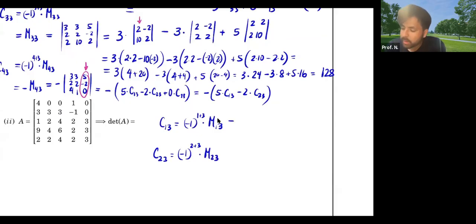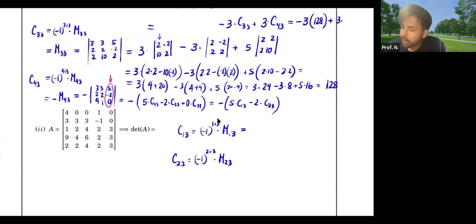And then what's M13? If I do M13, I eliminate this, and I get 2, 2, 4, 1. And this is negative 1 to the 4th power, so it's positive. So this will be 2, 2, 4, 1. The determinant of that should be what? 2 minus 2 times 4, which is 2 minus 8, negative 6.